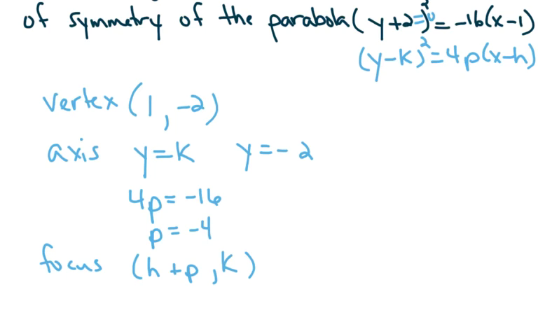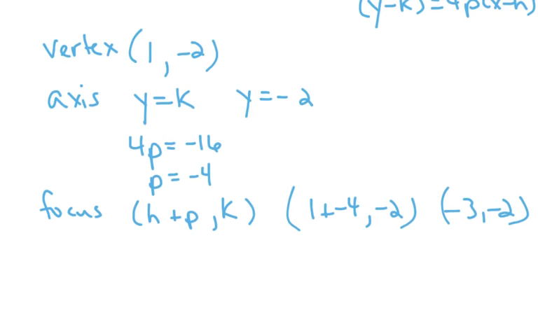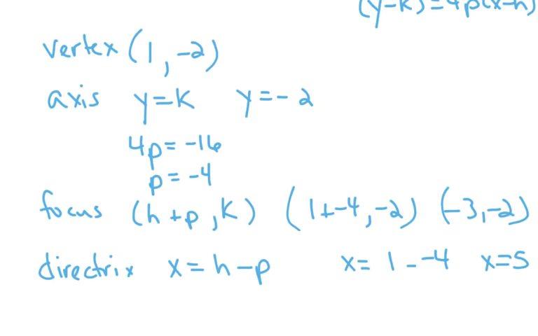So it's going to be 1 plus negative 4 comma negative 2, which is (negative 3, negative 2). And the directrix is going to be the equation x equals h minus p. So it's going to be x is equal to 1 minus negative 4, which is x equals 5.